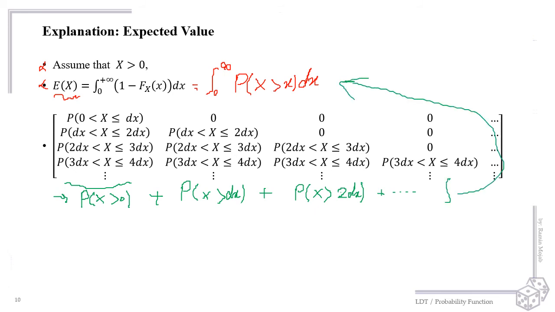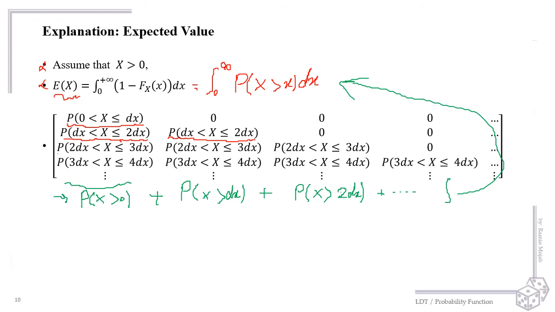Okay, now consider the rows of this matrix. The first row is the probability that X is between 0 and a very small number, dx. In the second row, we have the probability that X is between dx and 2 times dx, and we have two of these probabilities.